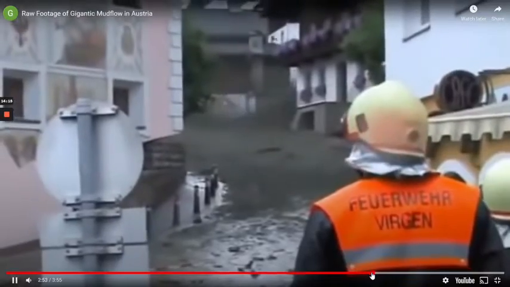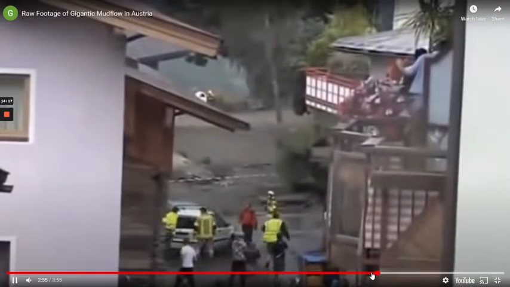So then the cleanup efforts start. This is not easy to clean up. The sheer size and heft of the mud is great.